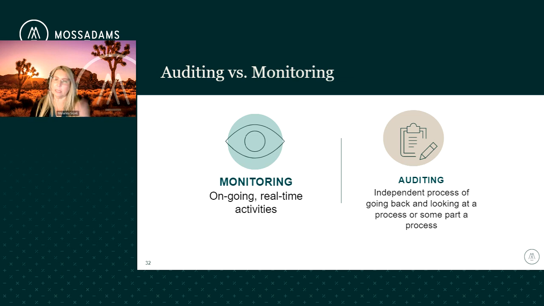The self-monitoring activities that a department might do are oftentimes referred to as auditing, but by the definition of auditing, that's an independent and separate section of the organization. So having external folks come in definitely meets that qualifying piece of it. But if you have an internal audit department, they would be going in and taking a look. Again, it's a retrospective action.